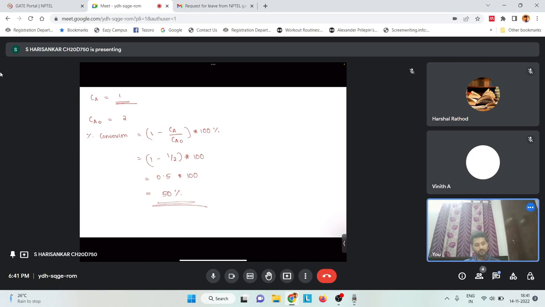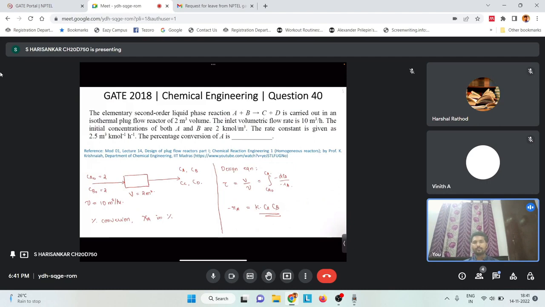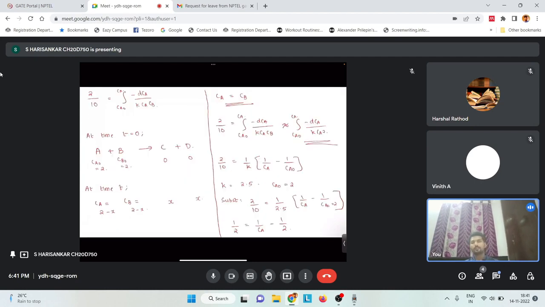So here also, basically what we have done is just apply our design equation for PFR. The only modification that we are trying to do here is with the equation for the reaction rate. So A plus B giving C plus D, the reaction rate equation will be kCACB. And since the stoichiometry of A and B are same, we can assume that kCACB will be approximately equal to kCA square.